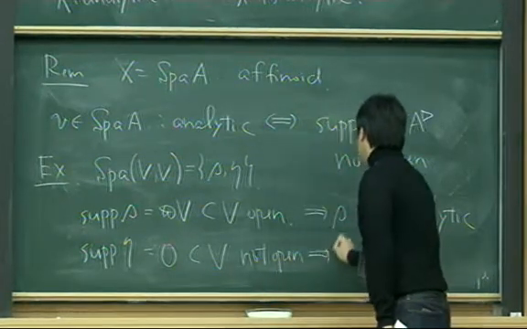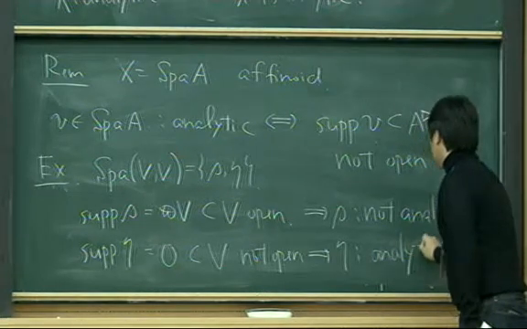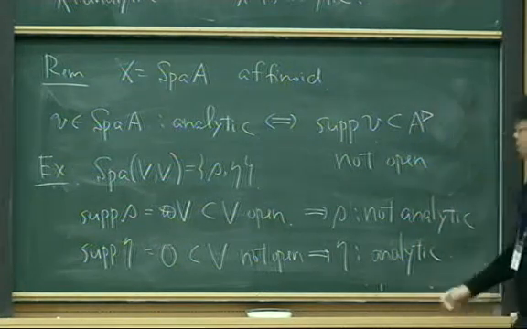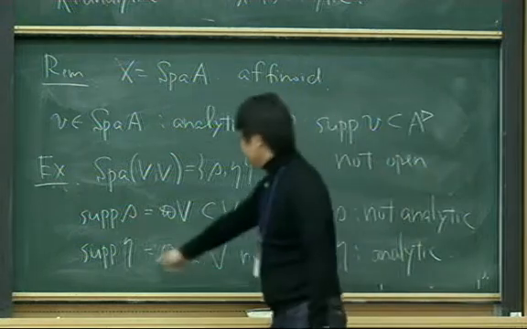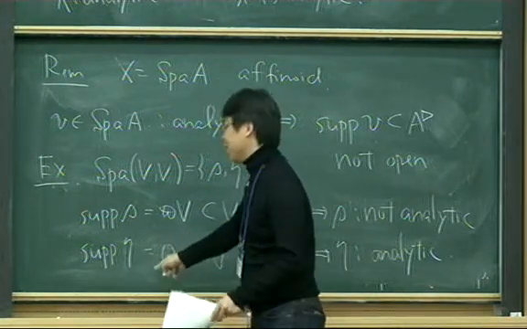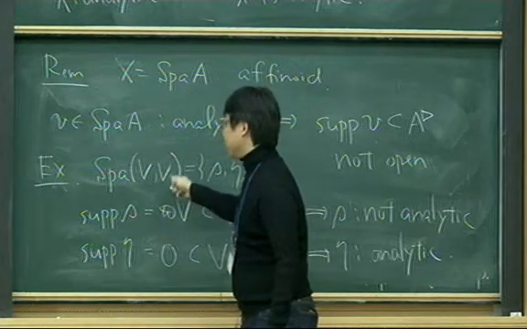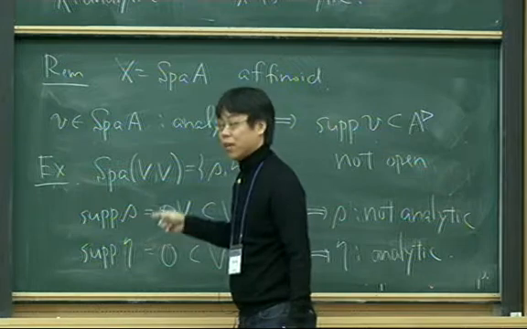Therefore, eta is analytic. This point has a flavor of rigid analytic geometry because it comes from the valuation on the fraction field K, the complete valuation ring.